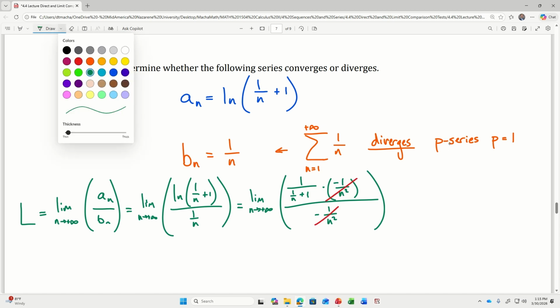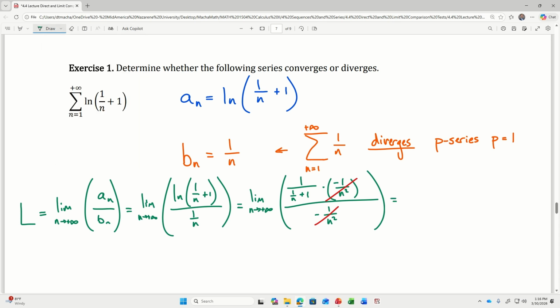So we're thinking about the limit as n approaches infinity of 1 divided by n plus 1. And then we write, since L is equal to 1, this original series we care about converges or diverges? Diverges, according to the limit comparison test.